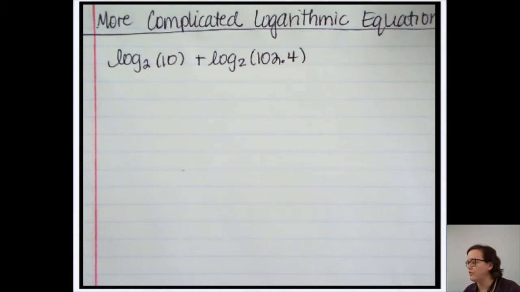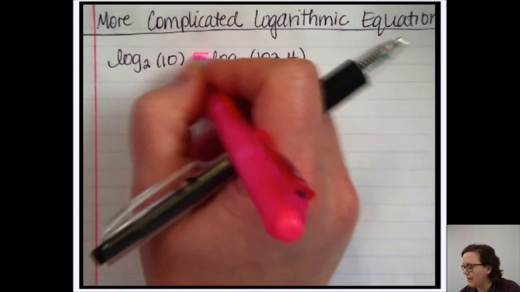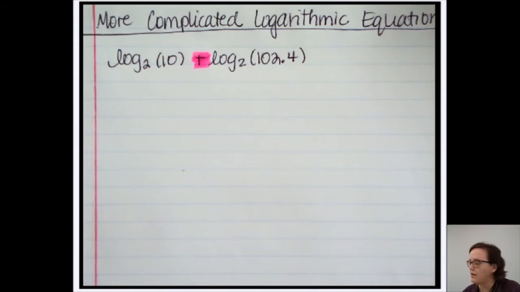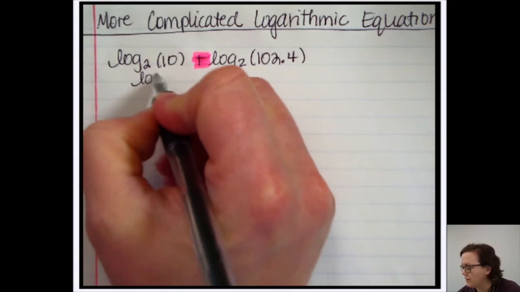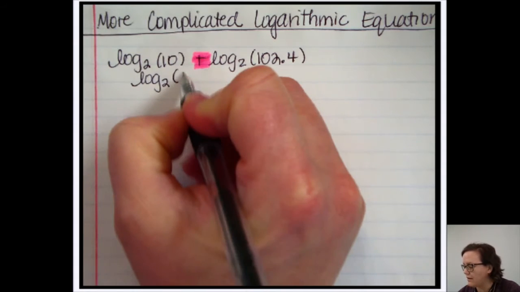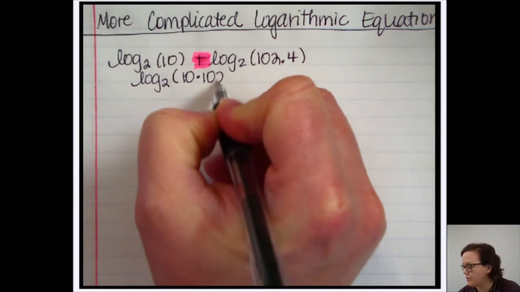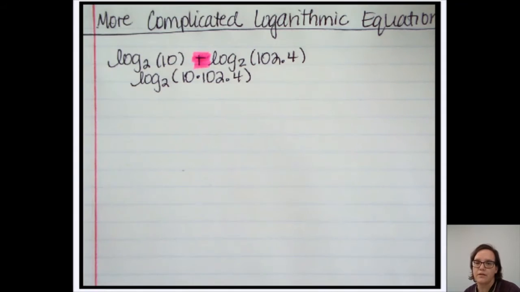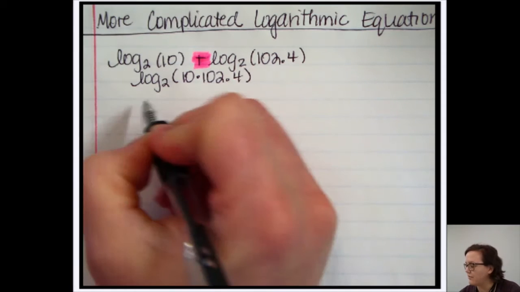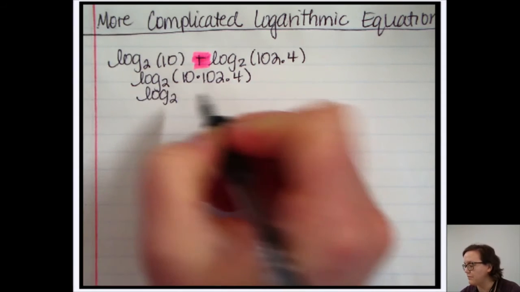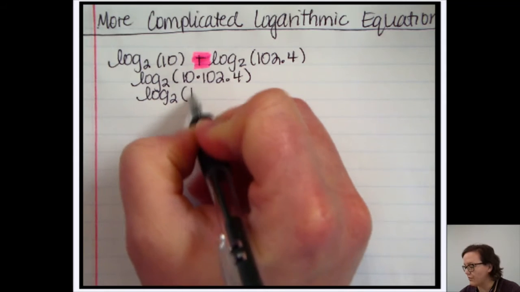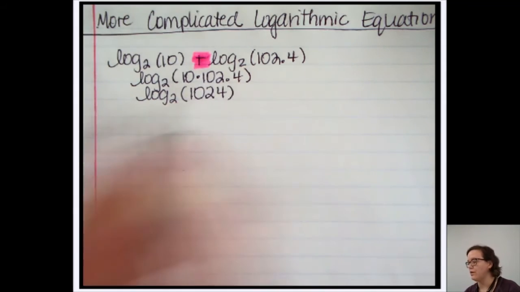Can you remember to yourself what we do when we have an addition? That's when we multiply. So we take log base 2 of 10 times 102.4, and then we simplify our multiplication problem, which gives us 1,024.